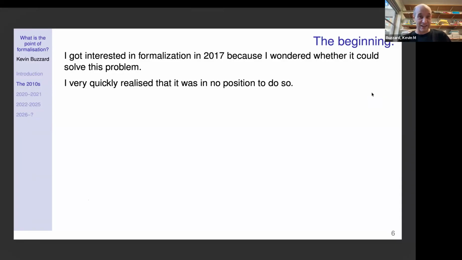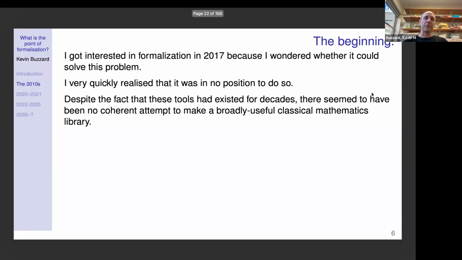And then I very quickly realized that they were absolutely in no position to solve that problem at all, because even though they'd existed for a very long time, nobody had done what in my mind was the completely obvious thing to do, which was to make some coherent, classical mathematical degree.